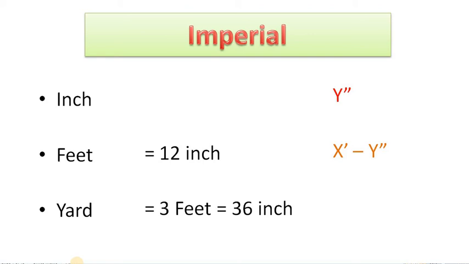Here the least unit is inch and it is represented as the double quote symbol. 12 inches will make together 1 feet. The feet is expressed as the single quote symbol, as you can see here. And 1 yard is 3 feet, or we can say 36 inches.